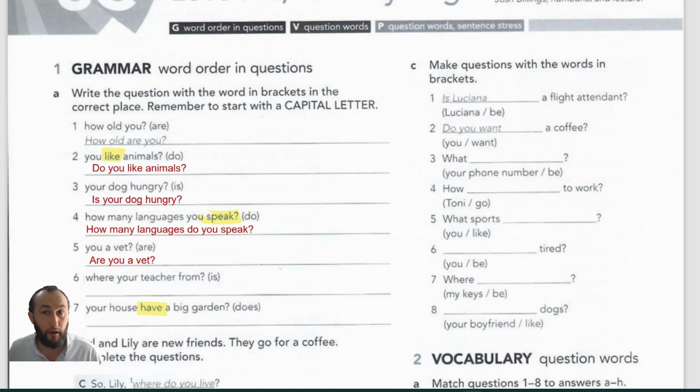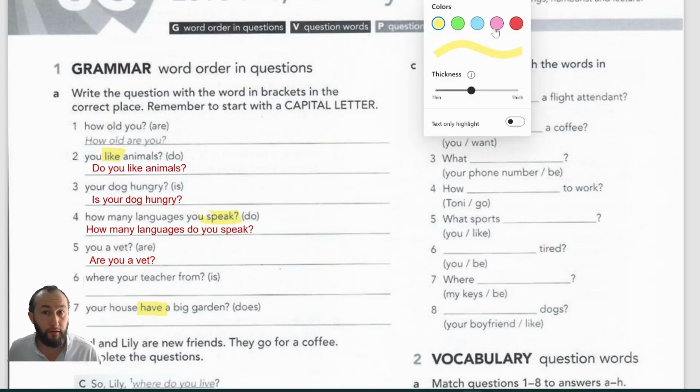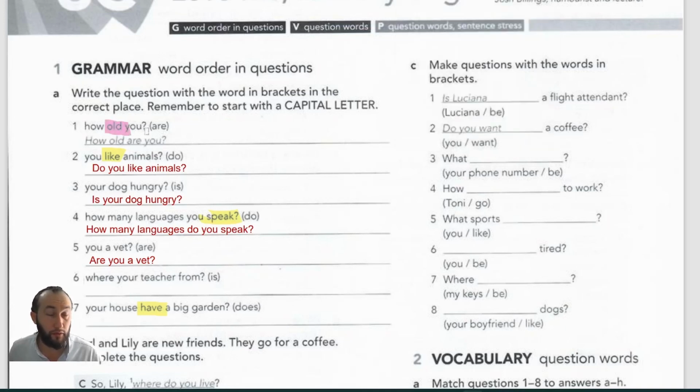On the other hand, if we don't have a proper verb, but we have got adjectives or nouns, then we use am, is, are to make a question. For example, here old and you. We don't have a verb here. Or like your dog hungry. Hungry is, as you can see here, an adjective. And we have got here a vet.